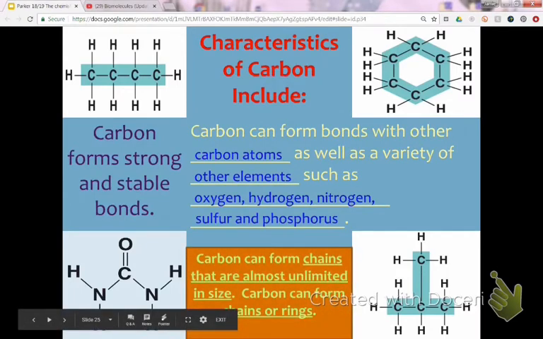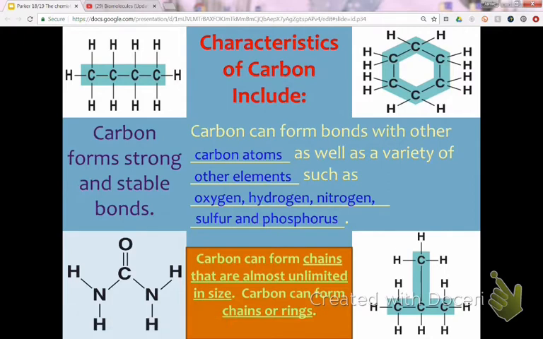And carbon can form chains that are almost unlimited in size. It can make really big chains and really big rings, and then rings with chains and chains with rings. It's like Legos, okay? It can do anything.